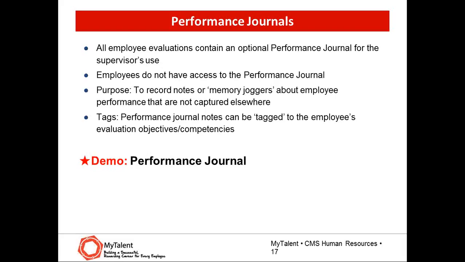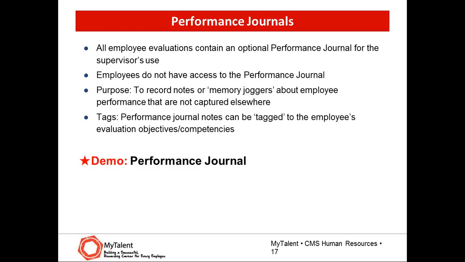Employees don't have access to the performance journal at any time, unless the supervisor chooses to print something and share it with that person. The purpose of the performance journal is to record notes or memory joggers about employee performance that aren't captured elsewhere. So we're talking about those informal feedback opportunities that you have probably on a regular basis, and you may not even recognize that that's what they are.